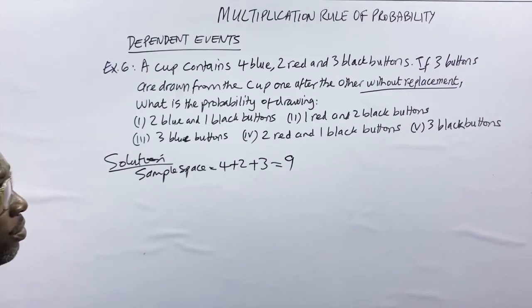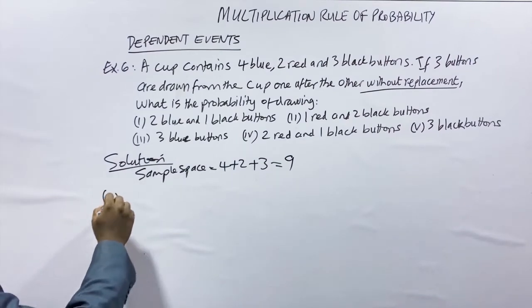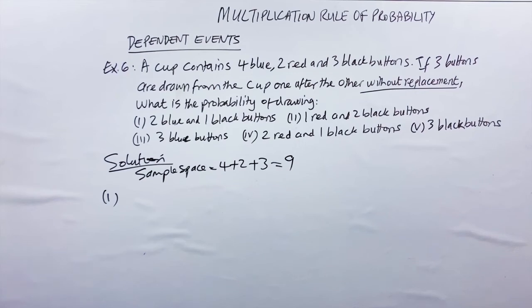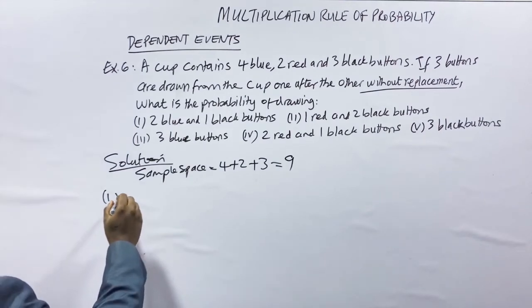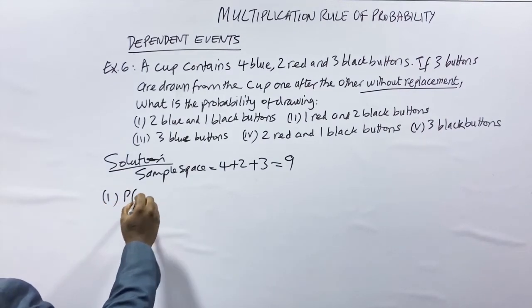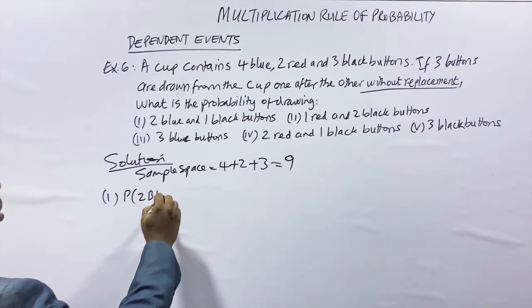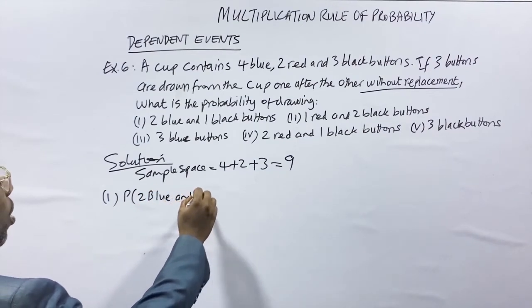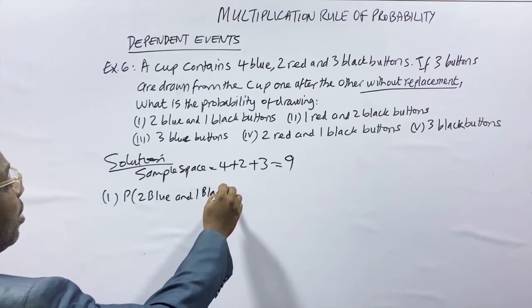Now 3 buttons are chosen at random. What is the probability that we have 2 blue and 1 black, one after the other without replacement? So we'll start with a probability of 2 blue and 1 black button.